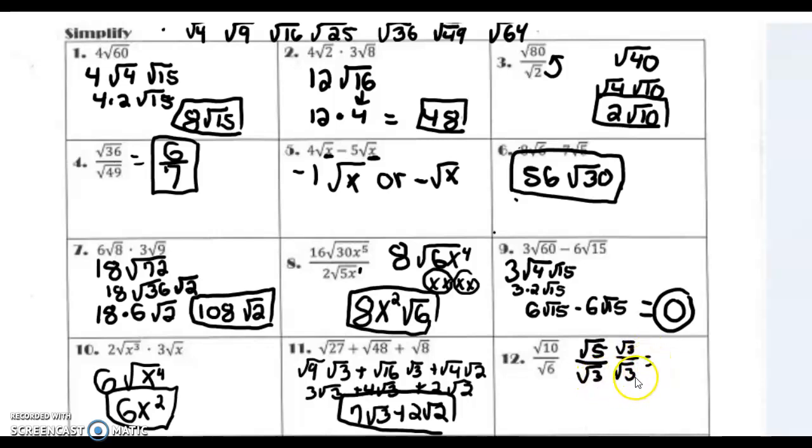Okay, so this is just going to become the square root of 9 over 5 times 3 is 15. And the square root of 9 is 3. No radical on the bottom. 15 cannot be broken down. So we are done with that one.